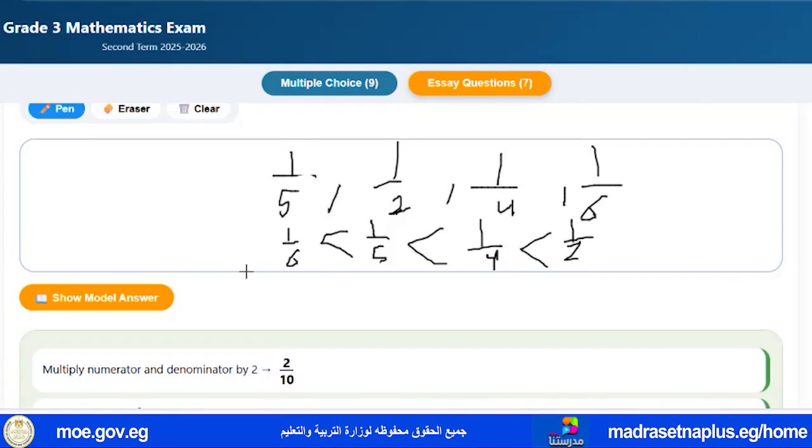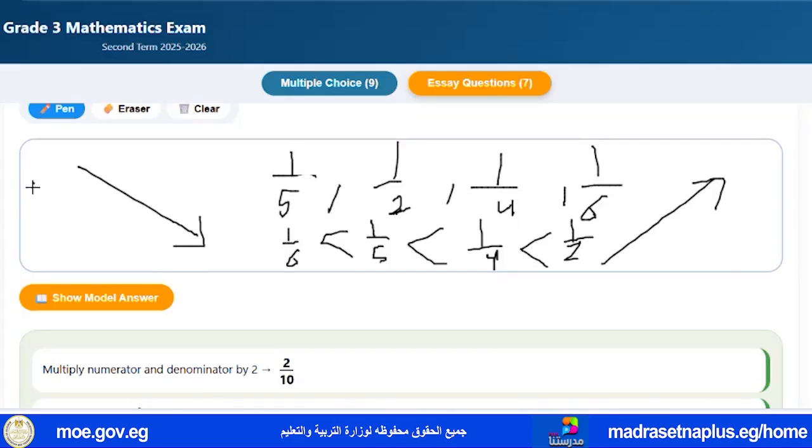Sometimes I'll ask you to arrange them from the least to the most. In this case, we start with 1/6. This is what? Ascending. Ascending means what? From the least to the most. What about descending, from the most to the least? In this case, we start what?